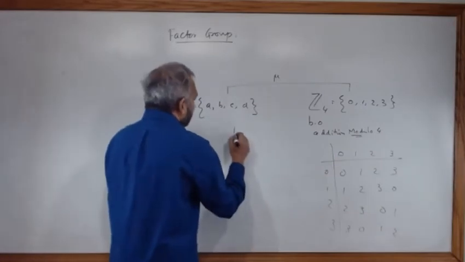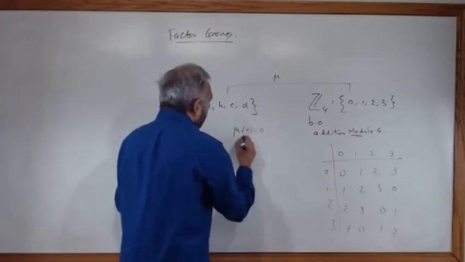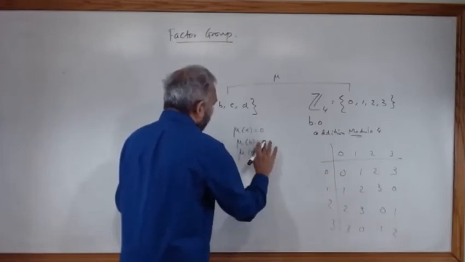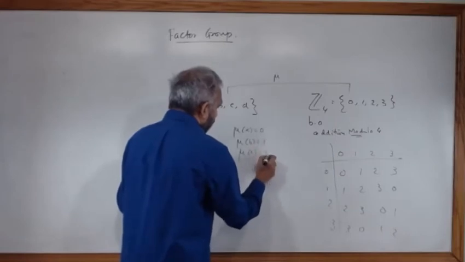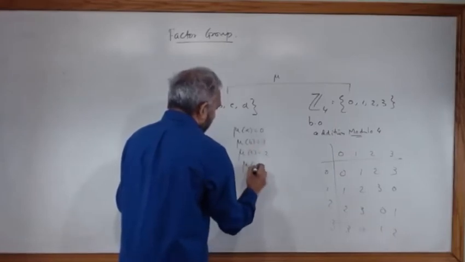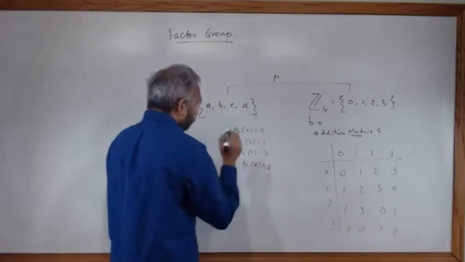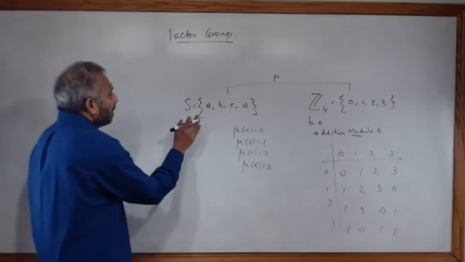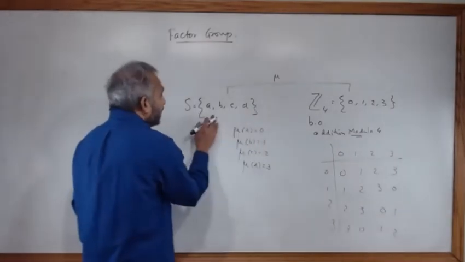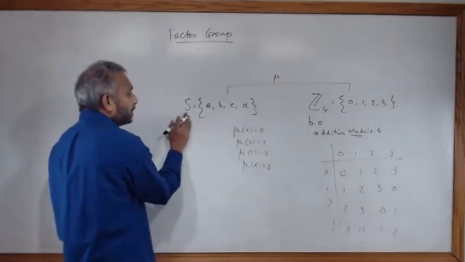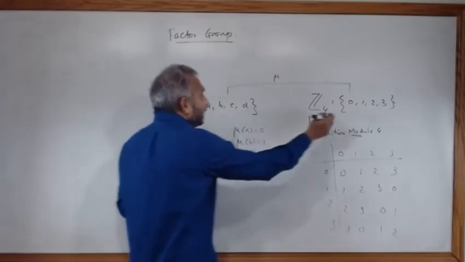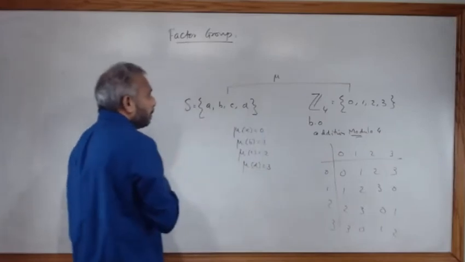For example, we say A is equal to 0, B is equal to 1, C is equal to 2, D is equal to 3. Still we have not yet reached a group. This is not a group yet. The only thing is that you are identifying these elements using a bijective map.